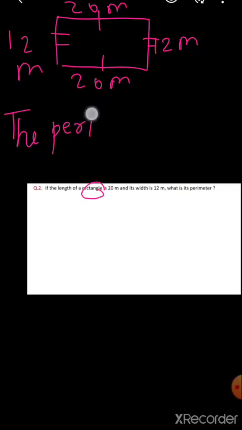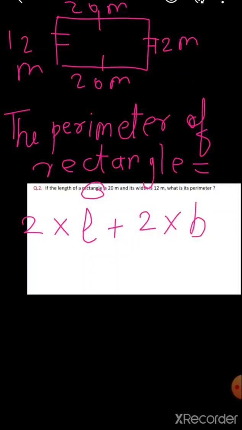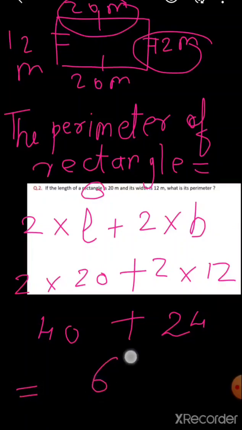The perimeter of a rectangle is equal to 2 multiplied by length plus 2 multiplied by breadth. 2 multiplied by the length is 20 meters, plus 2 multiplied by the breadth is 12 meters. 20 multiplied by 2, 20 2s are 40, plus 12 2s are 24. 40 plus 24, the answer is 64 meters.